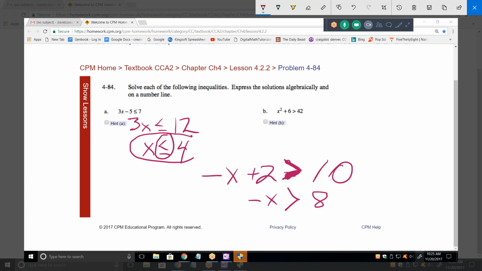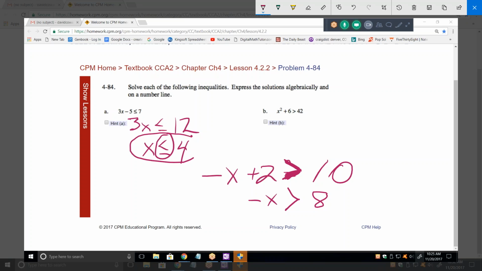Okay. Now I got to get x all by itself on the left side. How do I do that? Do you add x? No, that would make the left side 0. And it would, yeah, actually that would get to the solution, but that's not the way to do it. You want to divide both sides by -1.